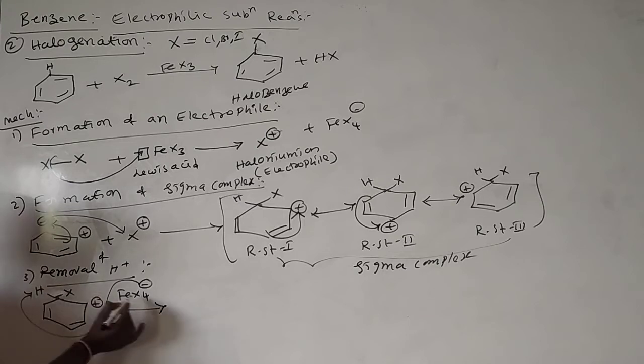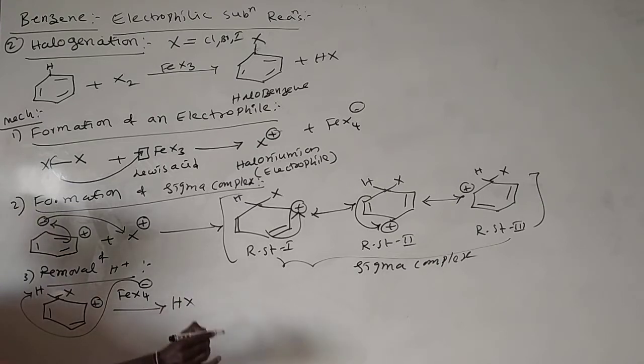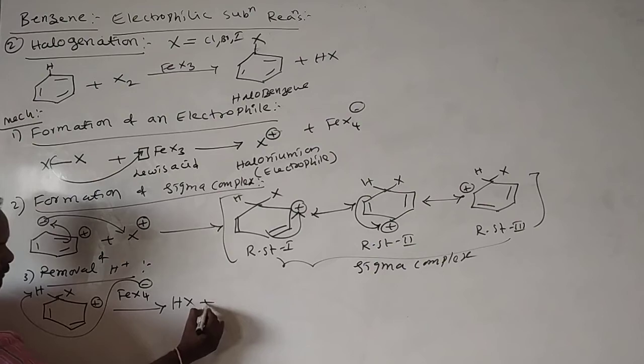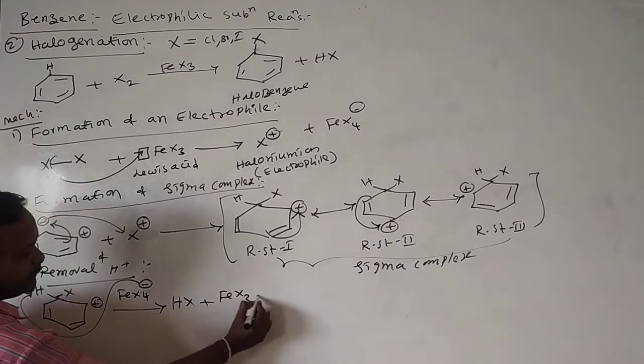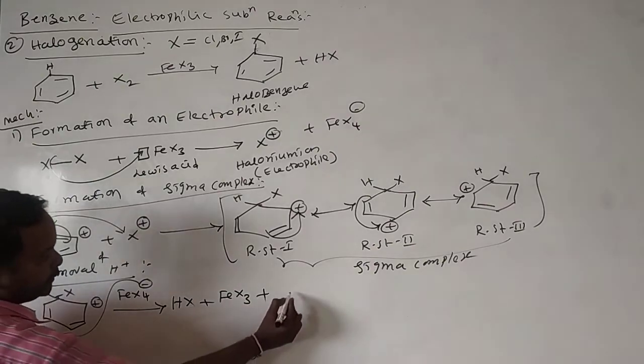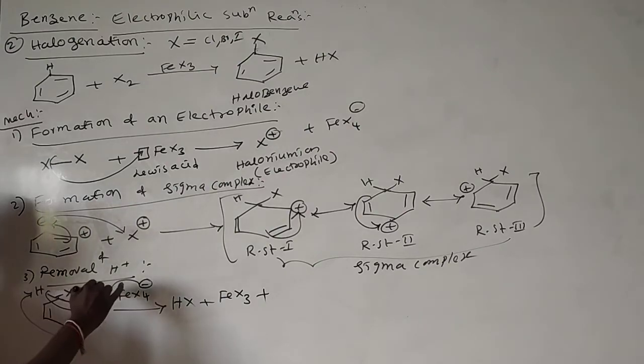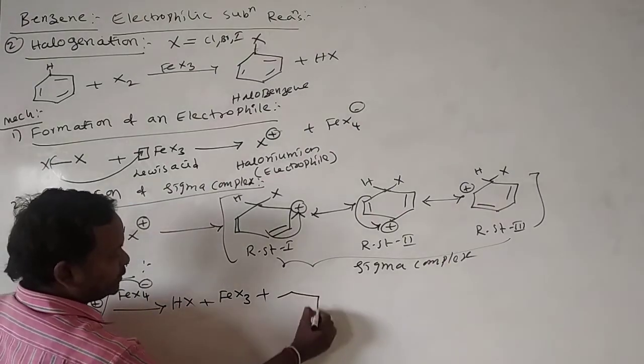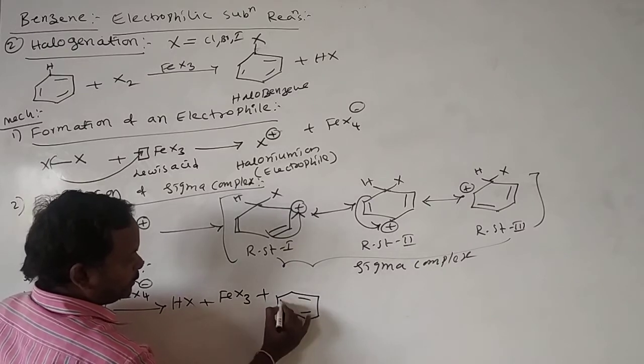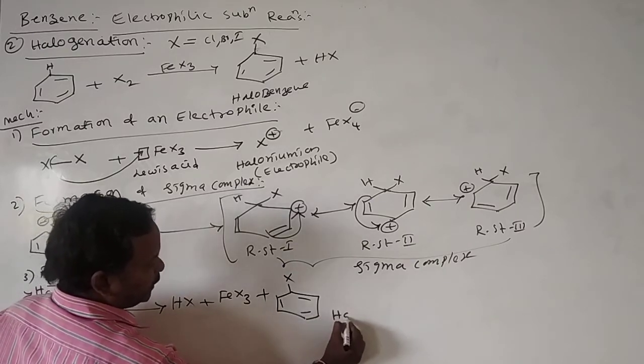H reacts with X minus and forms HX, and we get back the FeX3 catalyst. Then this electron transfers towards the positive charge on carbon and forms halobenzene.